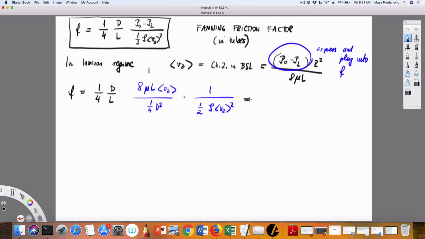So when I clean that up, the 8 and 4 will go away, and I get 16 mu divided by d rho Vz.